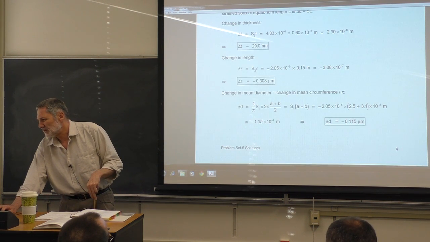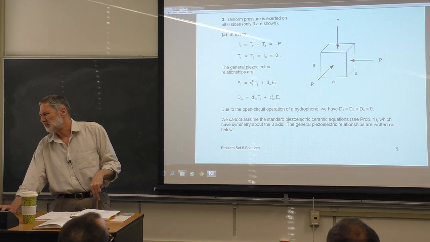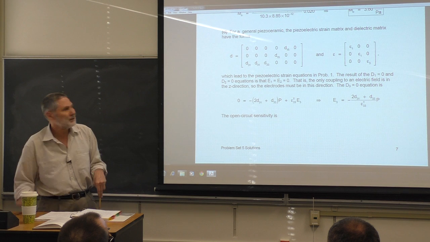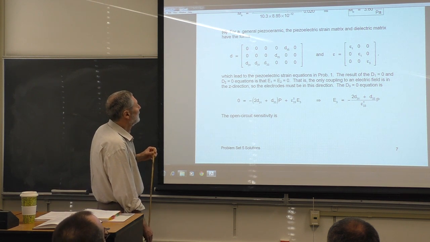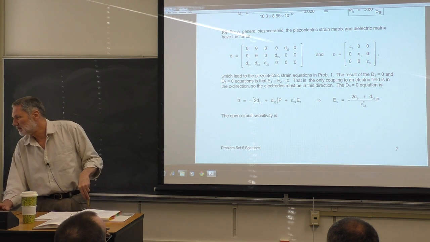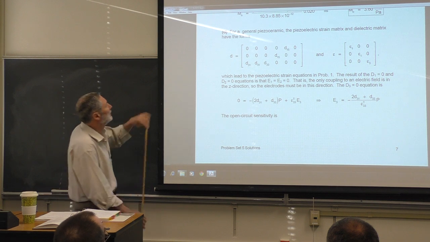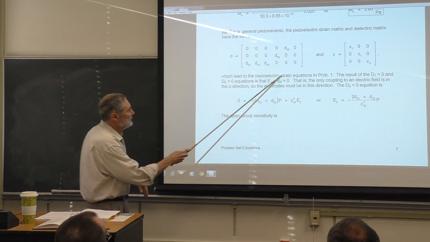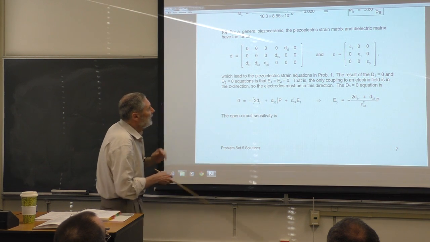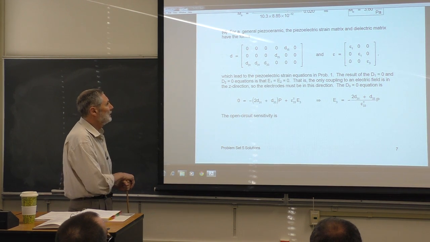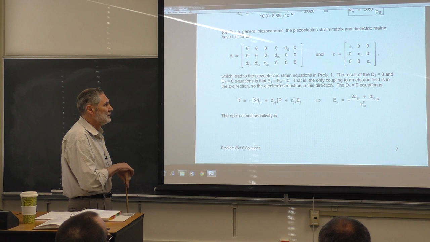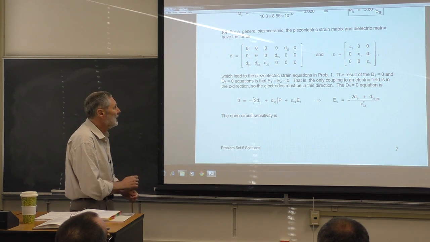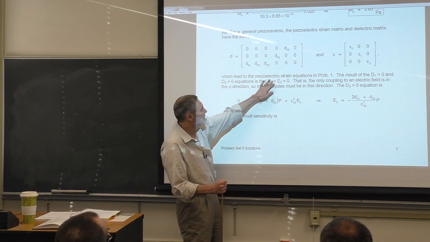So they lead to those equations that I just showed you. And now, if you look at the D1 equation and the D2 equation, and the D's are going to be 0, you find that the electric fields have to be 0.